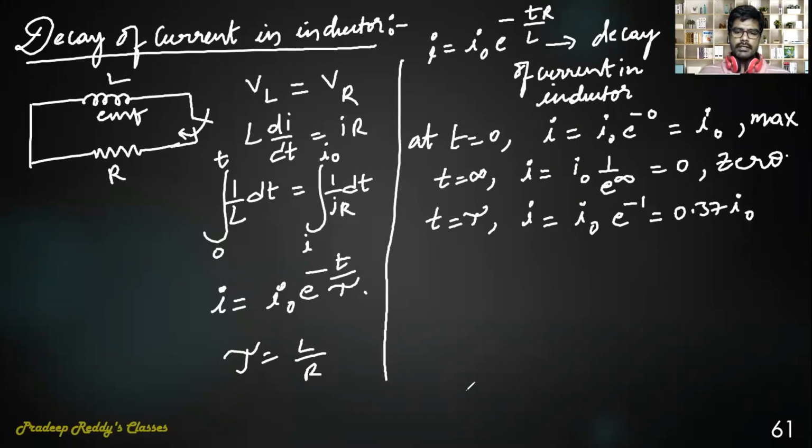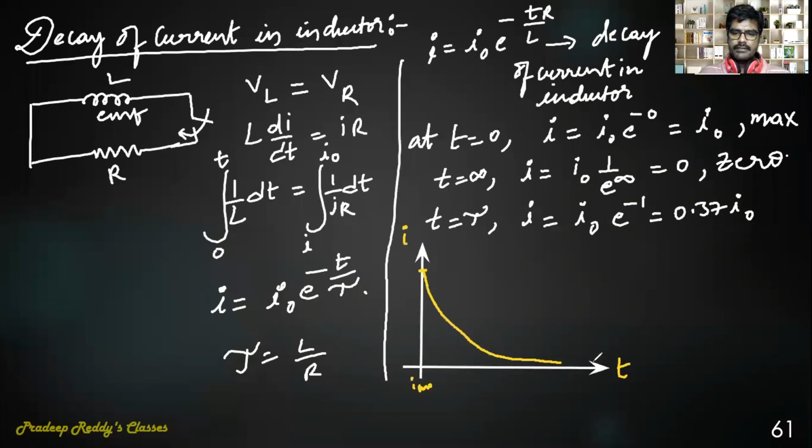So that's what, if you plot a graph for this. At initial time, maximum current is present in the circuit. This is I and this is t. At time t equal to 0, current I is maximum. And slowly, there is a decay in the current, and that decay is seen like this.